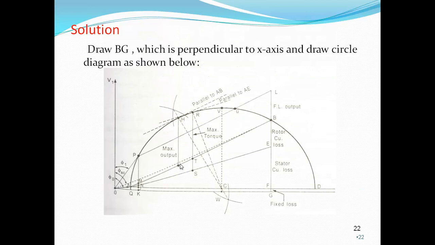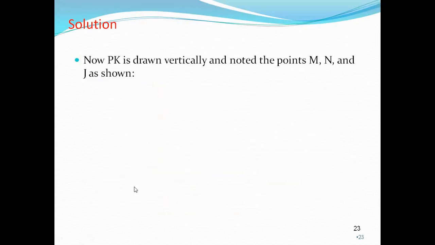So after drawing this, now PK is drawn vertically, and note the points M, N, J. Here P is drawn vertically, which touches the x-axis at K, the output line at M, the torque line at N, and this fixed line CD at J. This is what is written here.